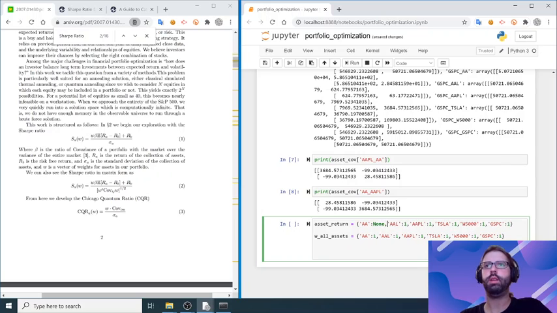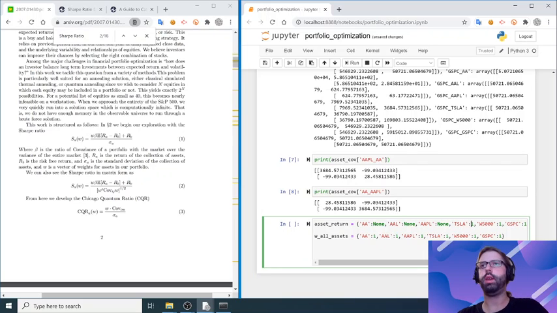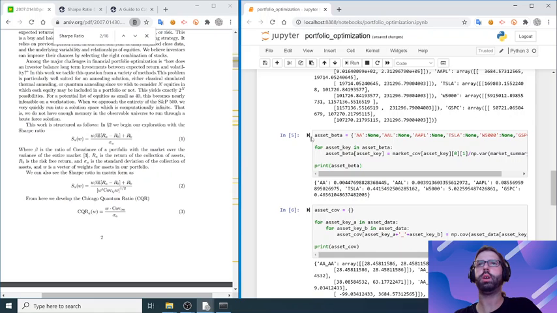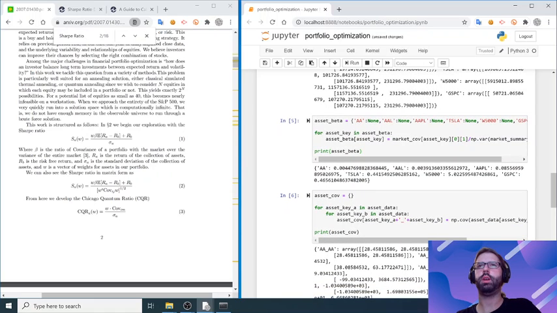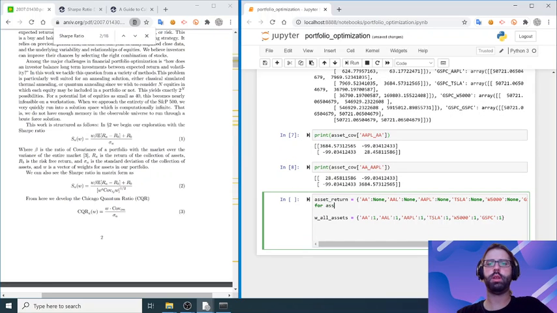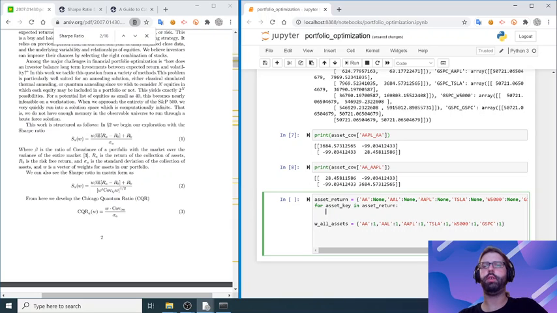I'll just do it like this for now, because you should put in there how much you want to invest, I guess. Okay, so the asset return is like this, and then for asset key in asset return, do the following.